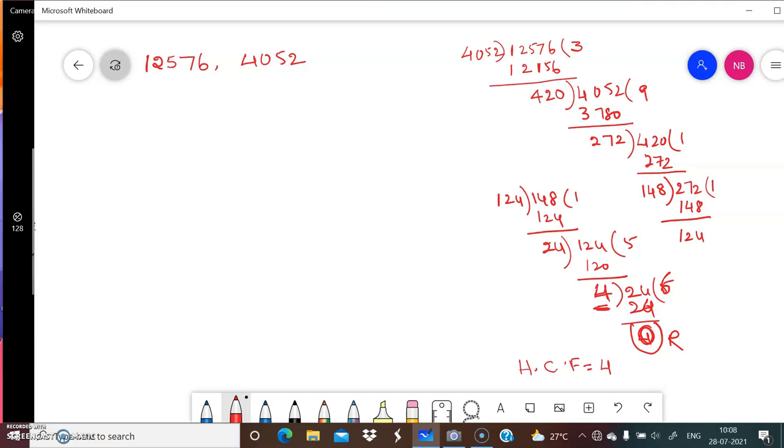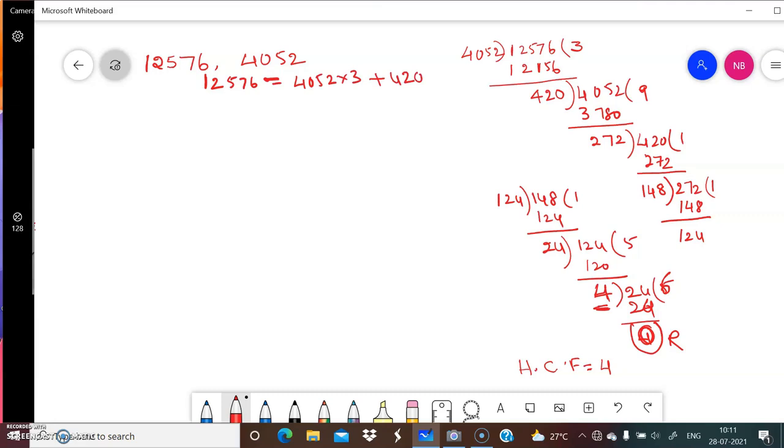Now, how to write these steps using this Euclid's division lemma? I will show that one by one. 12,576 is equal to 4,052 into 3 plus the remainder 420.